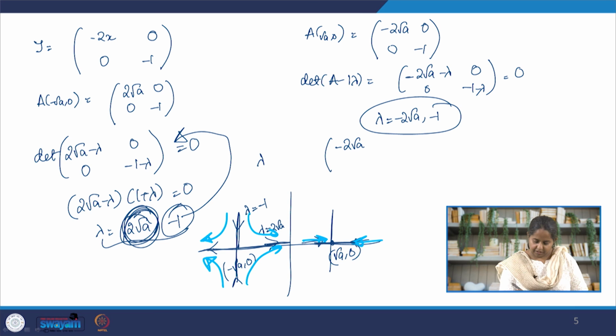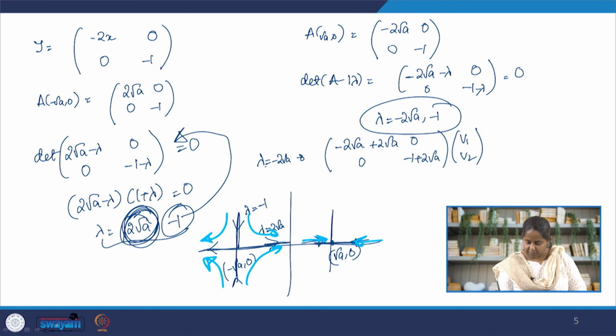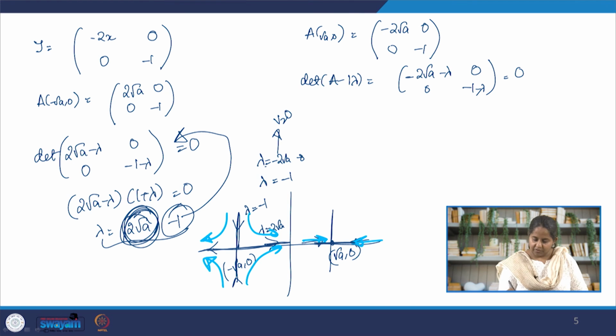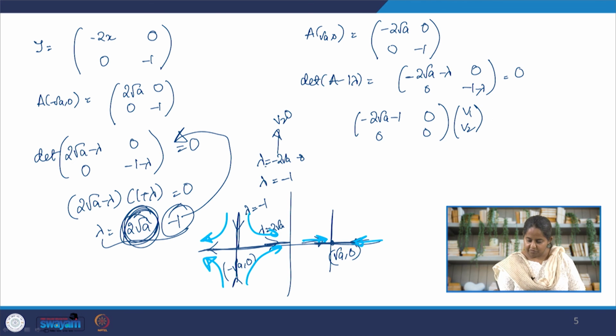Let us find the eigenvector first for minus 2 root a. For minus 2 root a, the corresponding eigenvector is given by V2 equal to 0. Now let us find the eigenvector corresponding to minus 1. For eigenvalue equal to minus 1, our eigenvector would be given by this, which gives us V1 equal to 0.